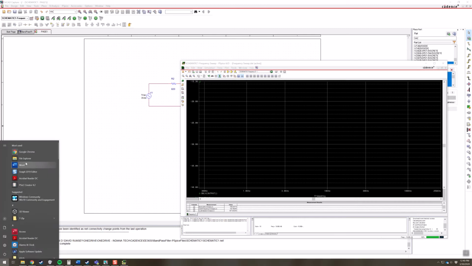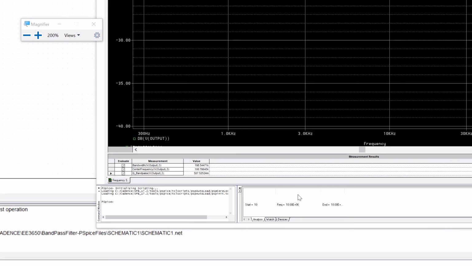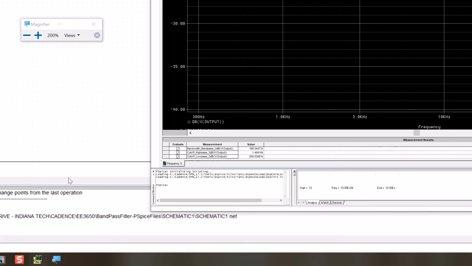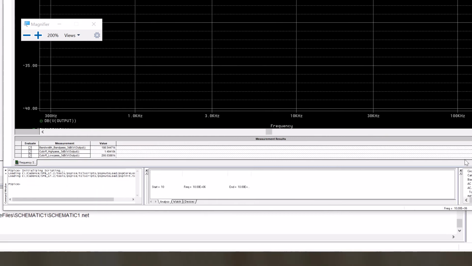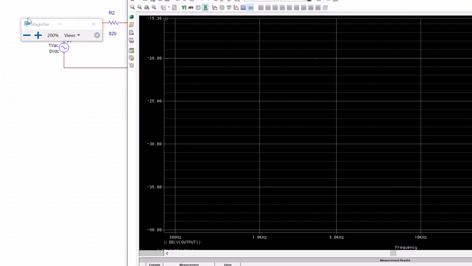I'm not very familiar with using the center frequency or this Q here, so I typically measure my cutoff frequencies and the bandwidth, and then simply use the equations that we have to compute the Q and the center frequency to compare them to our measured results.